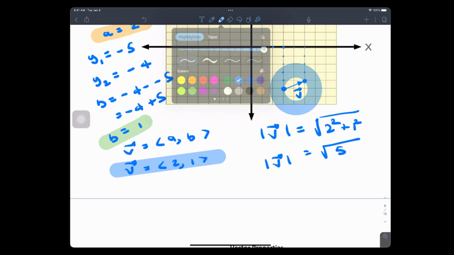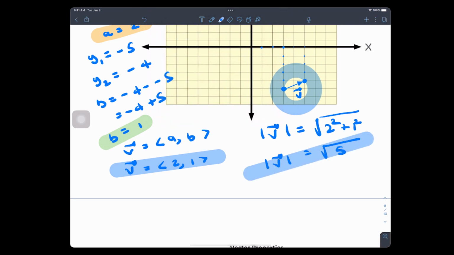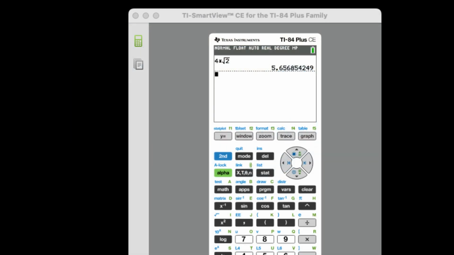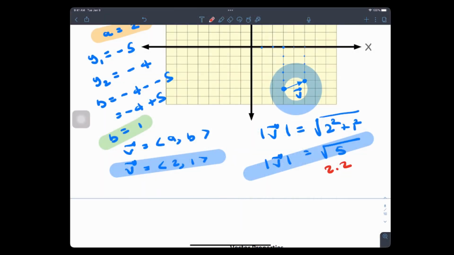So the magnitude of this vector is what? Square root of 5. Take a look at the calculator. Second, this is square root what? 5, ladies and gentlemen, and you now get what? It's about 2.2. Approximately. Anyway.